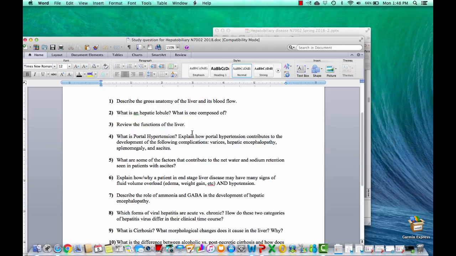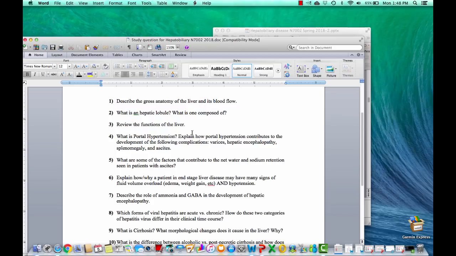Or elevated blood pressure. In fact, they're going to have low blood pressure because instead of that fluid volume overload being in the vascular space, it's in the extracellular, it's in the other compartments. It's in the interstitial and the transcellular space. Okay? Good. And it's all because of this drop in albumin.